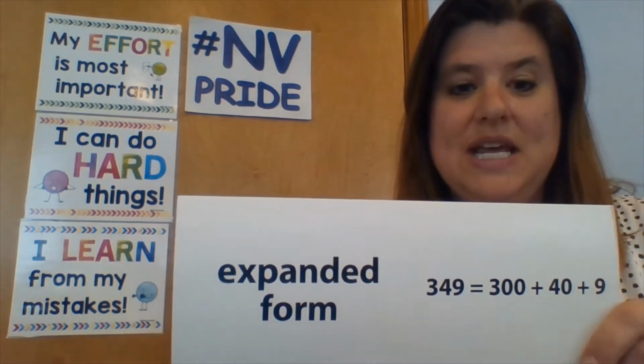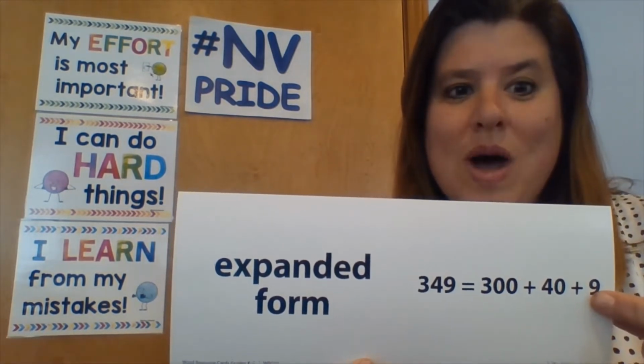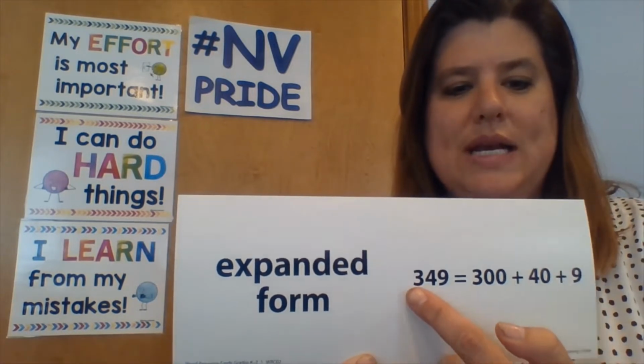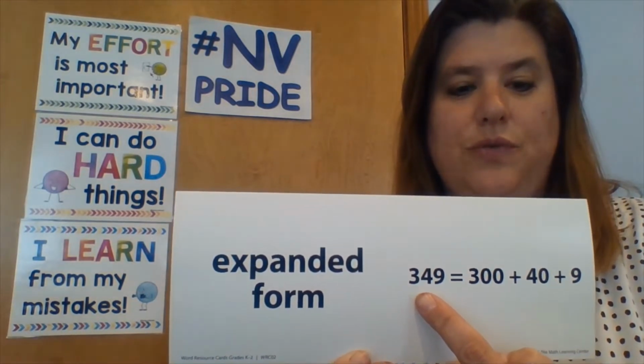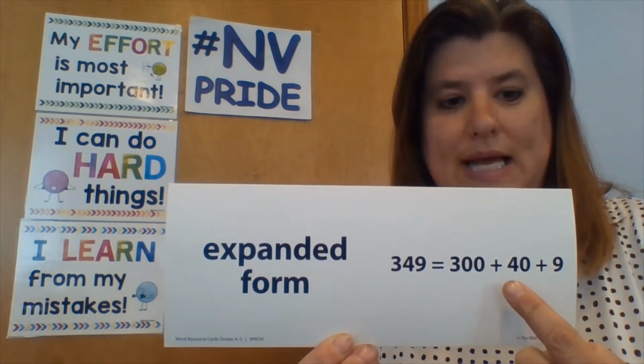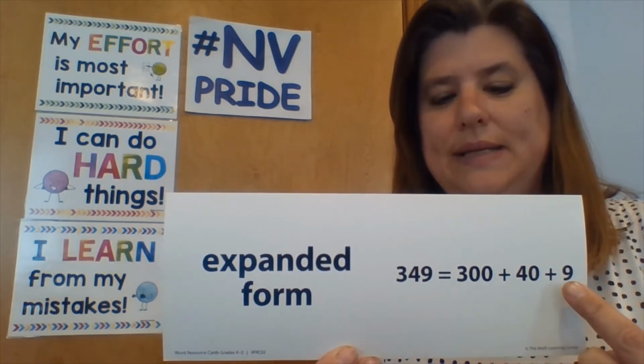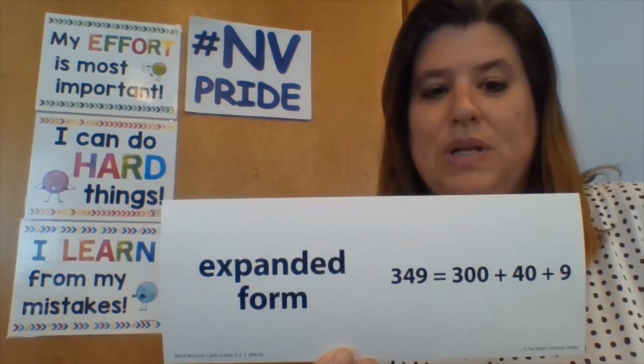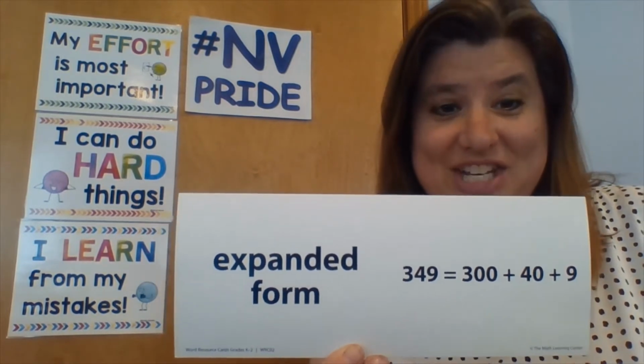The hundreds place, the tens place, and the ones place. And when we write an equation, like the example here, 349 is the same as 300 plus 40 plus 9, we are identifying the place value of each digit.